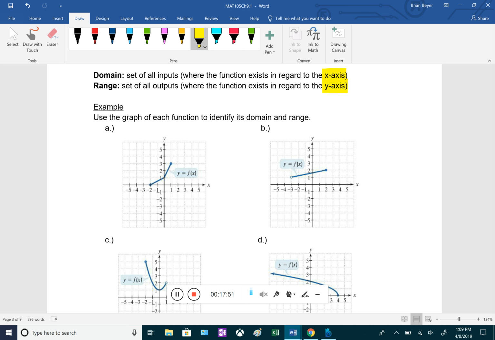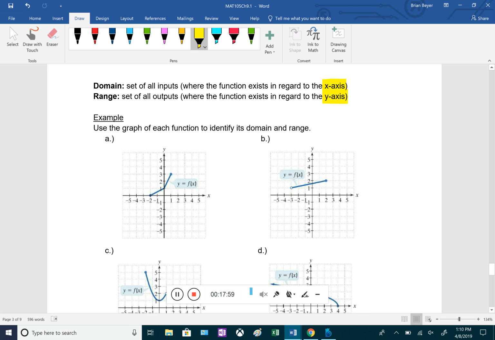So when we're determining the domain, we're going to scan left to right, and for the range, we're going to scan bottom to top. Left to right is horizontal, meaning the x-axis, so it's the domain. The range is vertical, the y-axis, so bottom to top. We go in that direction because that means the values are getting larger.